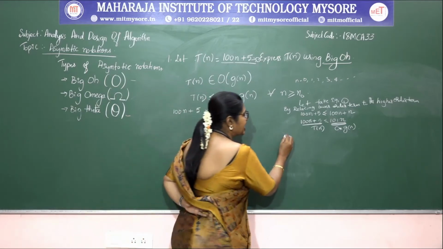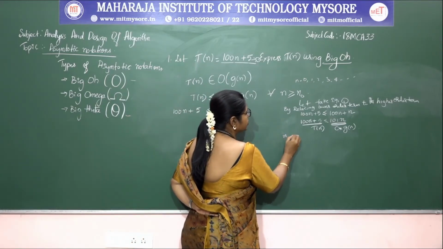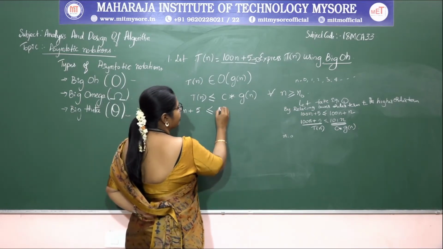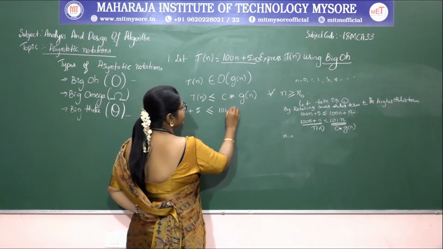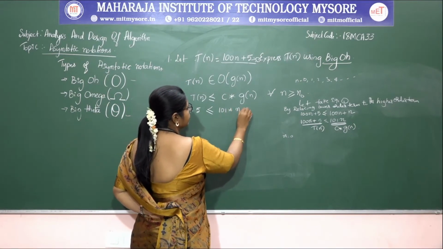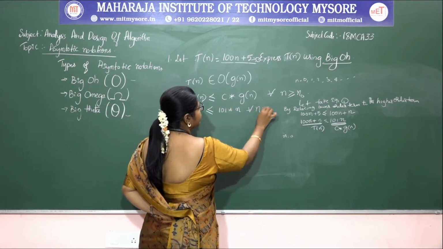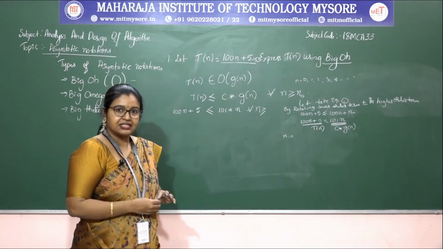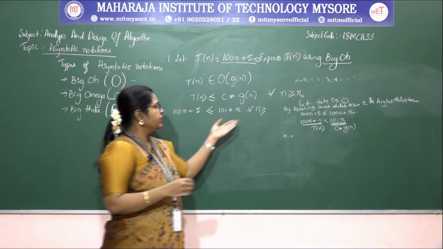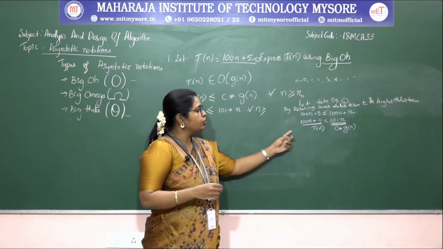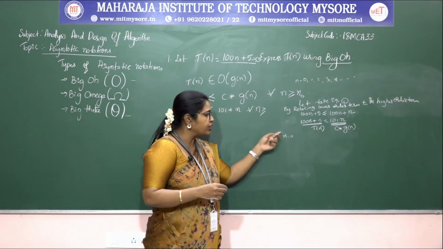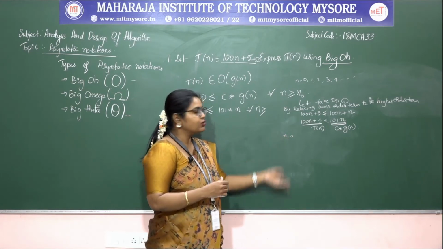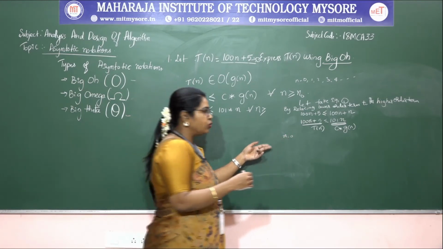Let's start with n is equal to 0. Whatever the value I have taken, 101 into n for all n greater than or equal to n naught. Here we need to find this n naught, so give the values for n. n starts with 0.